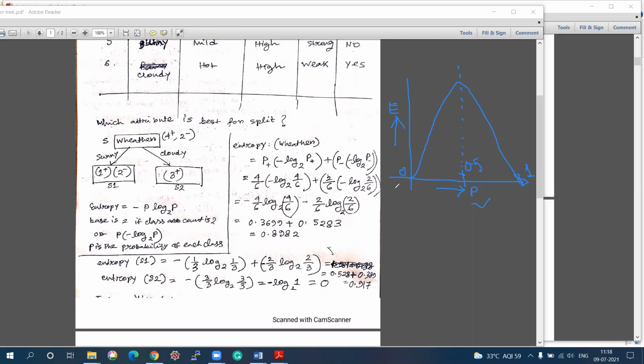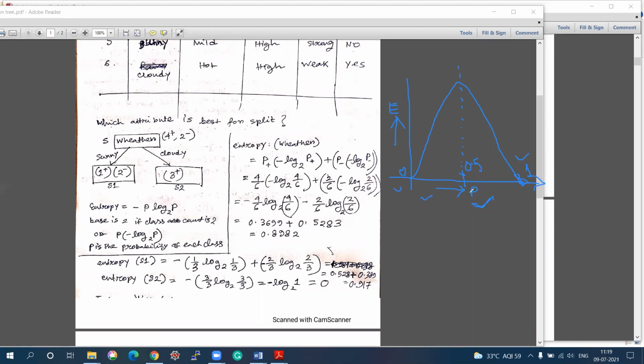And when the probability is 0, then entropy is 0. And when the probability is 1, then entropy is also 0. Lowest entropy when we are getting highest probability.